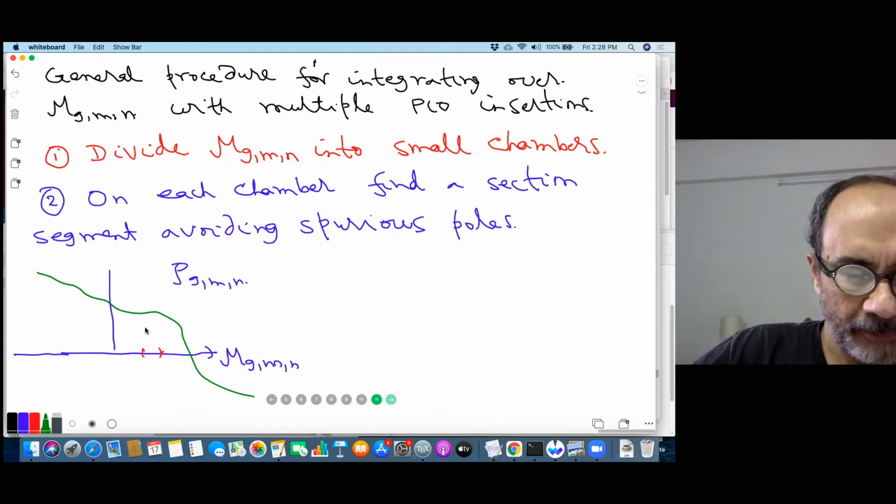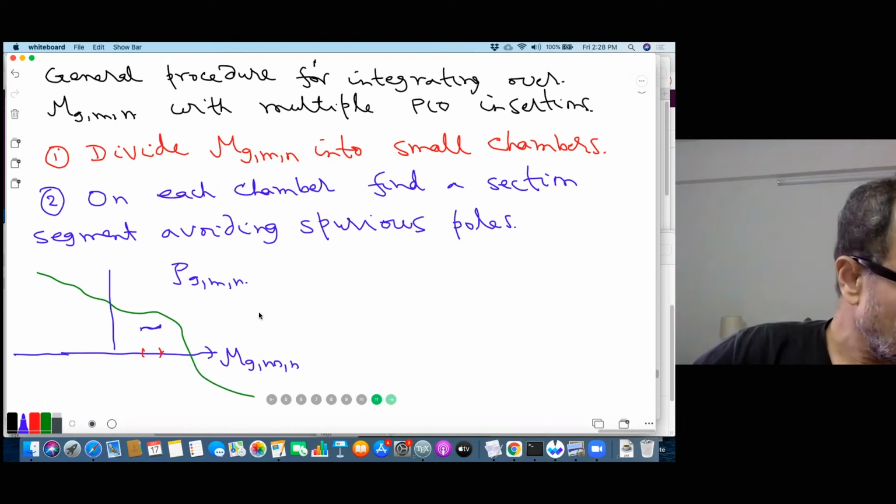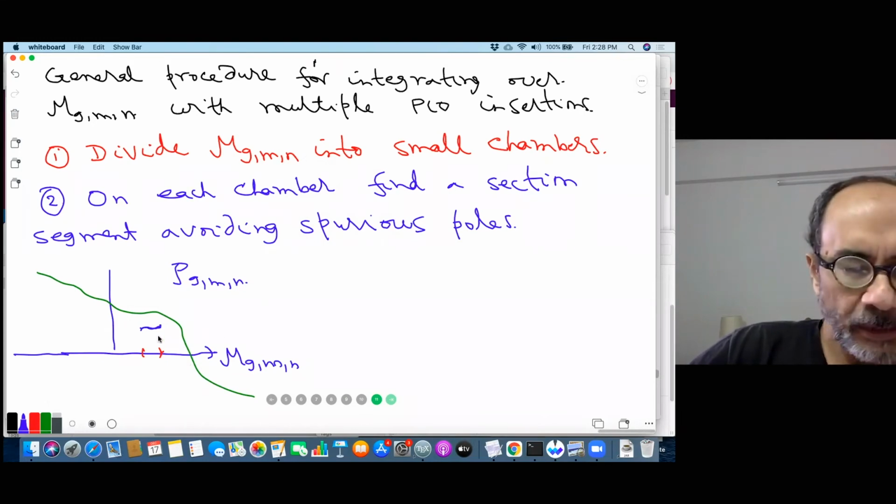For example, we can put the section segment here. It certainly doesn't hit the spurious pole. And do it independently on each segment. So on each chamber, we do this.